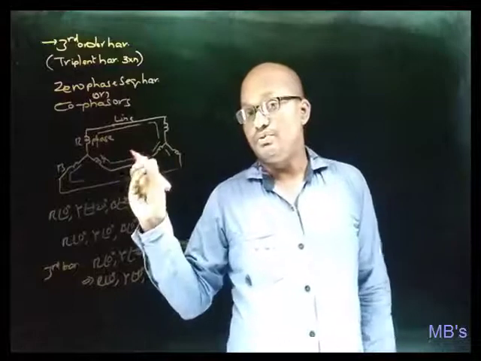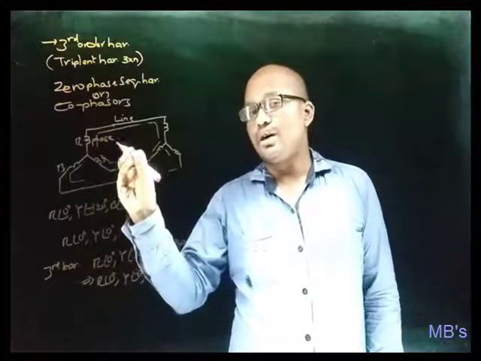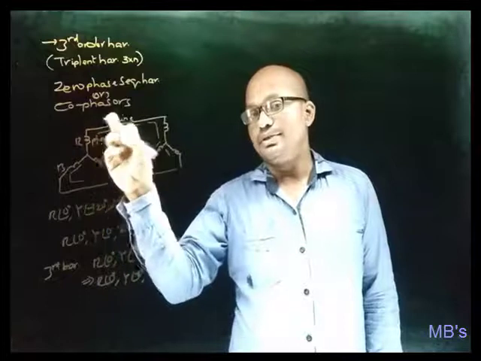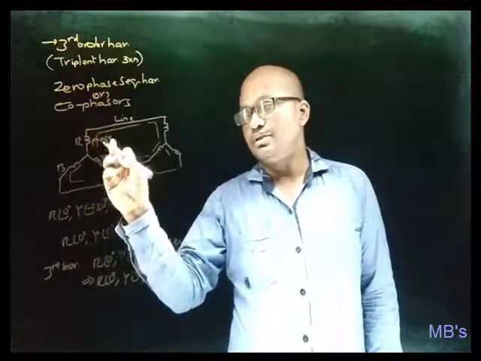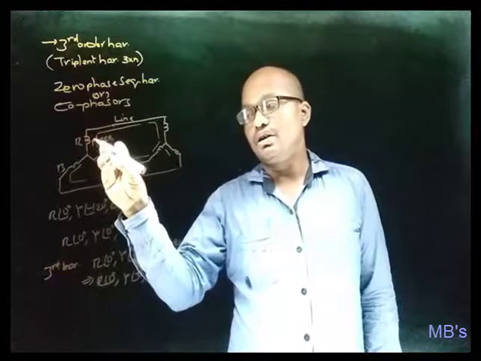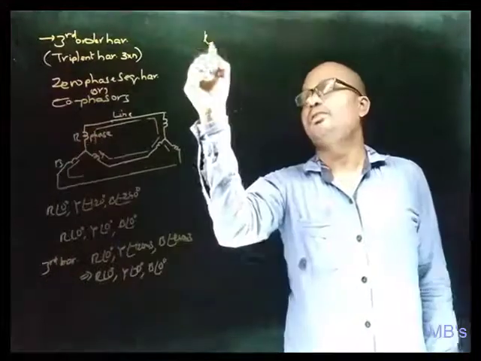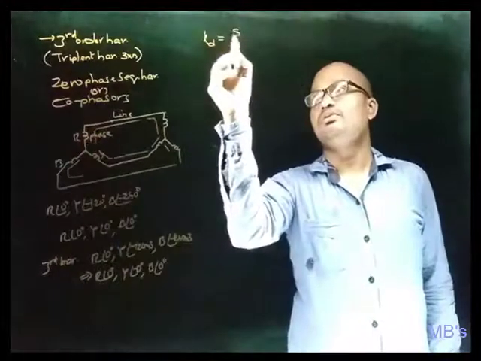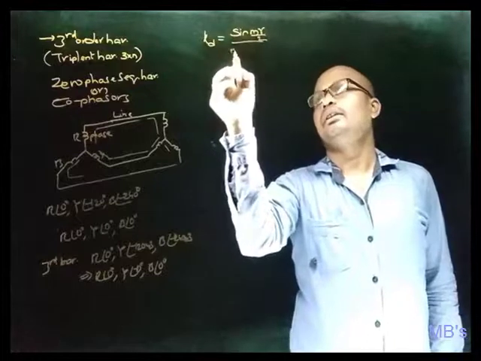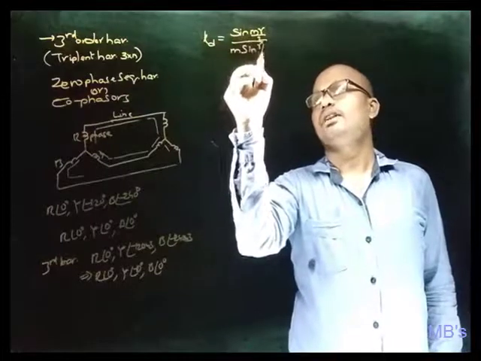From this, what you have to know is third order harmonics are present in the phases, but they are not present in the lines. So we have to think about how to reduce the third order harmonics in the phases. Distribution factor Kd is equal to sine m gamma by 2 by m sine gamma by 2.